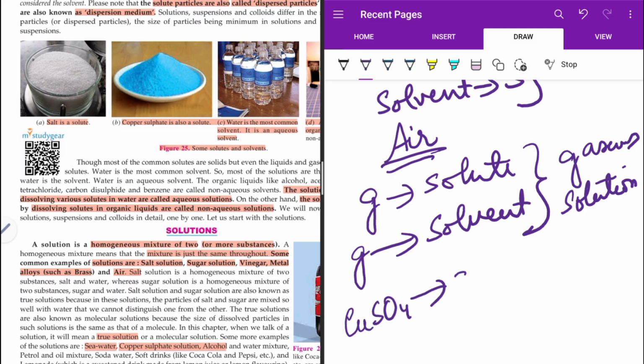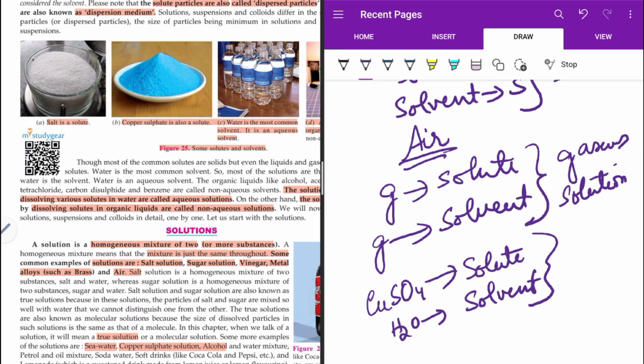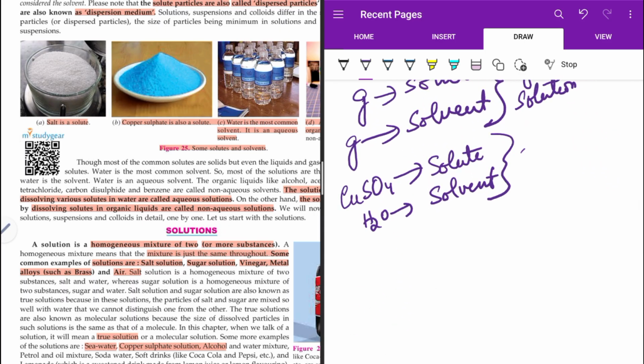If you take CuSO4 as a solute and water as a solvent, then the solution will be of blue color. Why? Because the crystals of copper sulfate are completely dissolved in water.